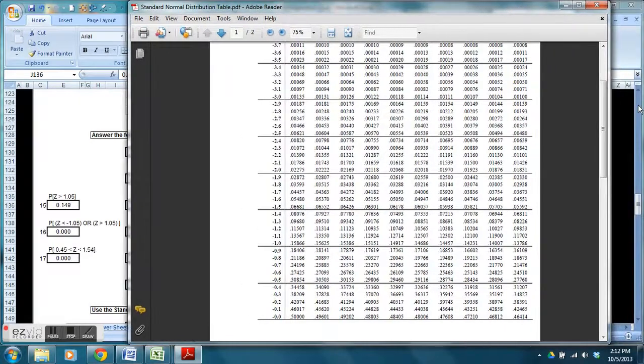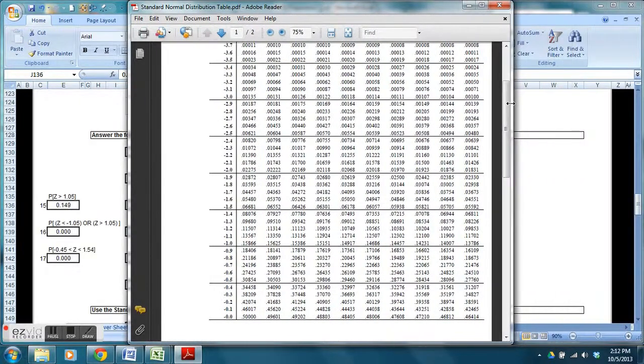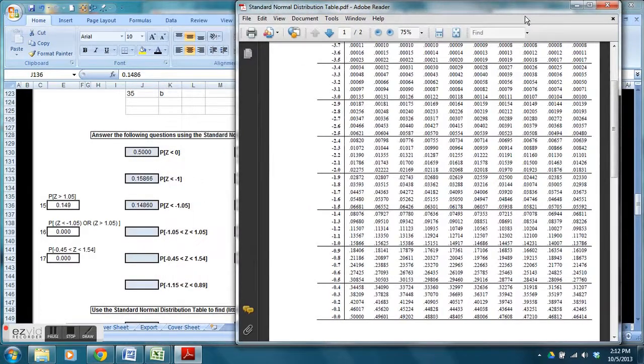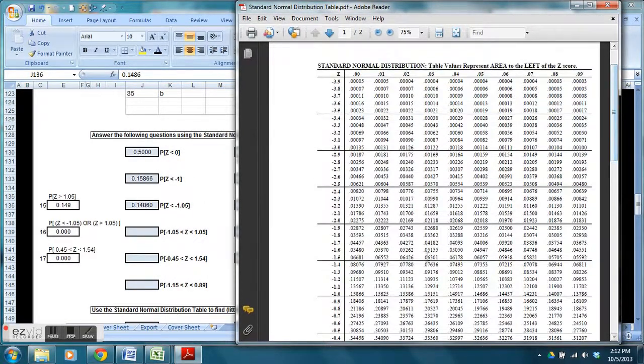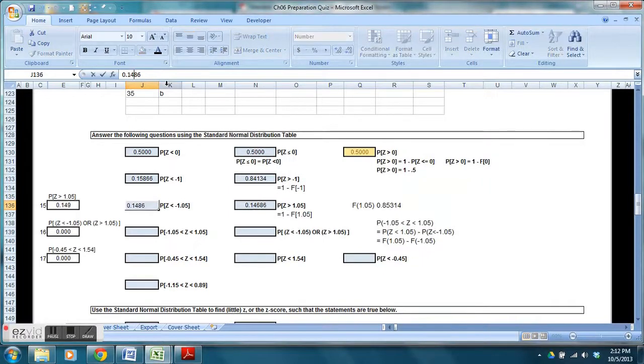Sorry. Negative 1.05. Yep, there was a 6 in there. 0.14686. Hopefully you caught that. Man, look at that. These two probabilities are equal.